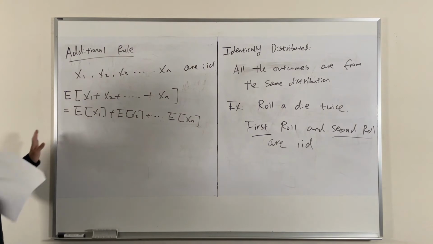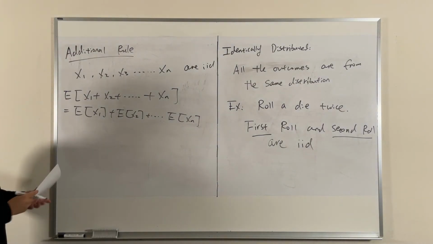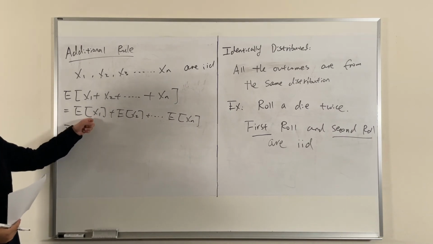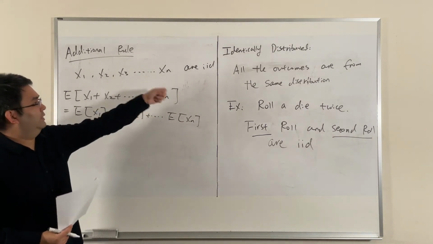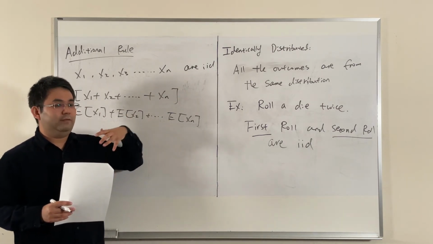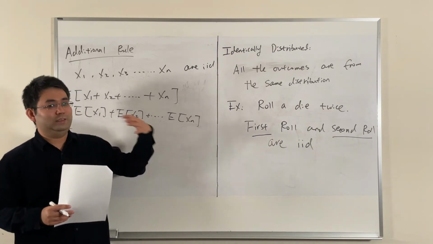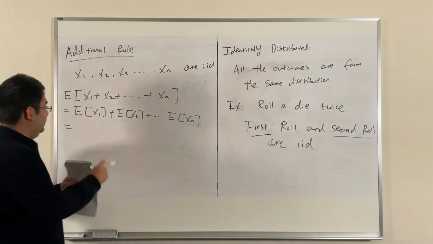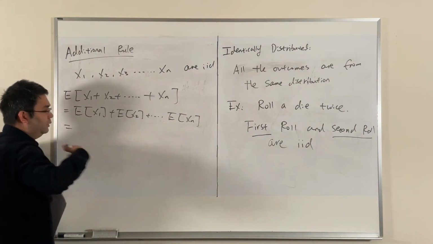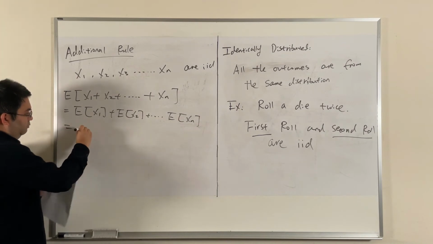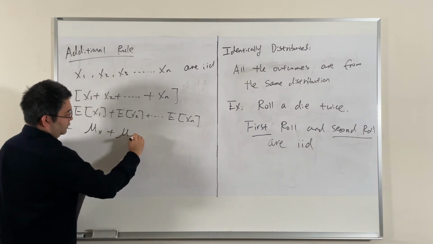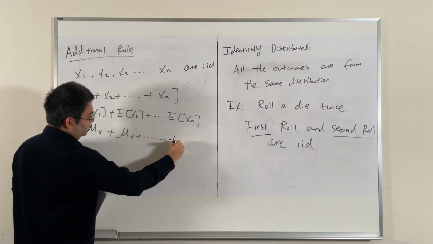So until now, we did not use the concept of IID, but next we are going to use it. Because each single one is from the same distribution, they will have the same expected mean and the same variance. So the expected value of each single outcome equals mu x. They are the same because they're IID, from the same distribution.